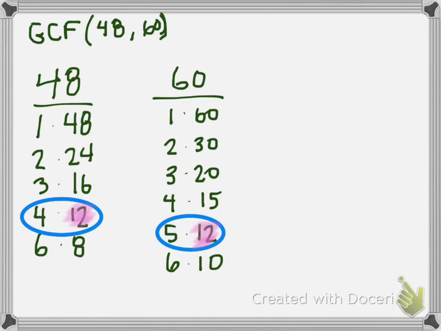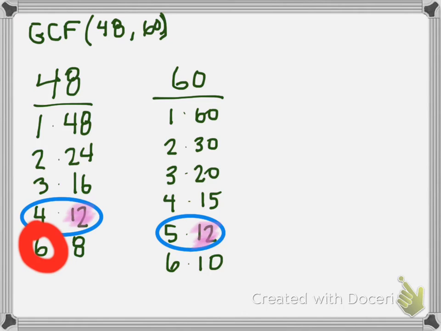But if you didn't have either one of these, then you might think incorrectly that the GCF is 6. But it's not, we know, because there are 2 12s here. So it's really difficult using lists to get a complete list to make sure that you find the GCF. So there's got to be a better way, and there is.